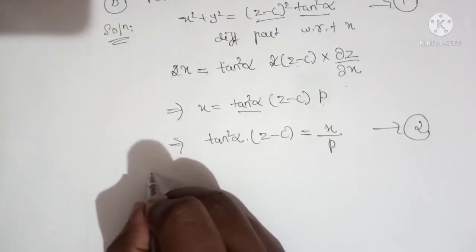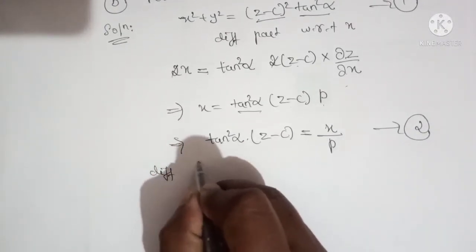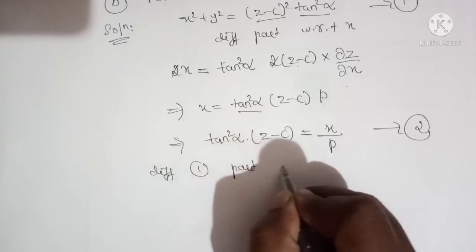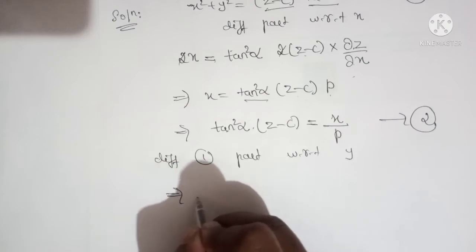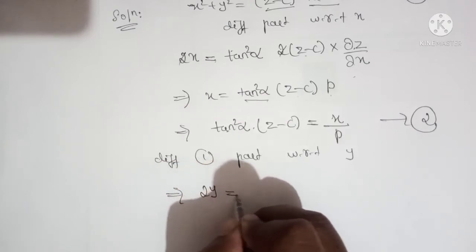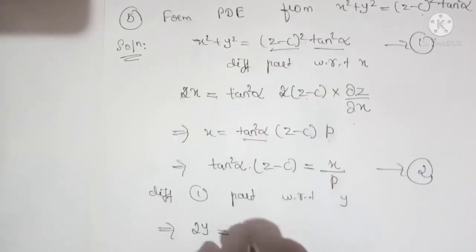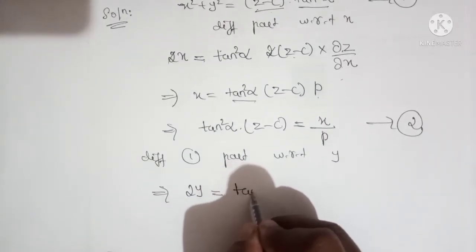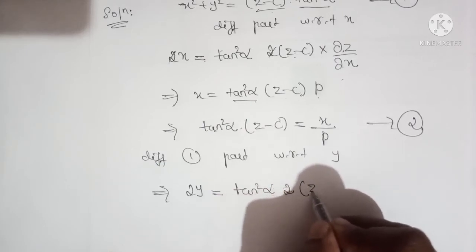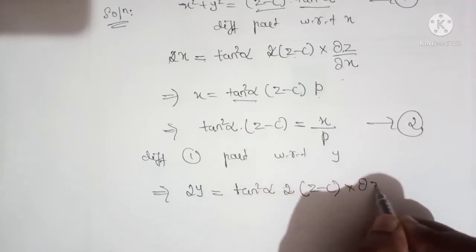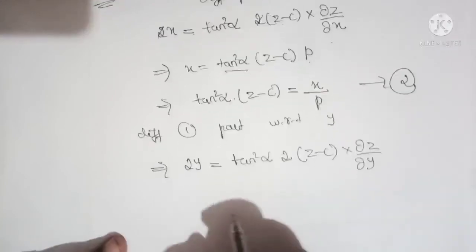Now differentiating equation 1 partially with respect to y, we get x square differentiation 0, y square differentiation 2y, equals tan square alpha outside, 2 into (z minus c) into dou z by dou y.